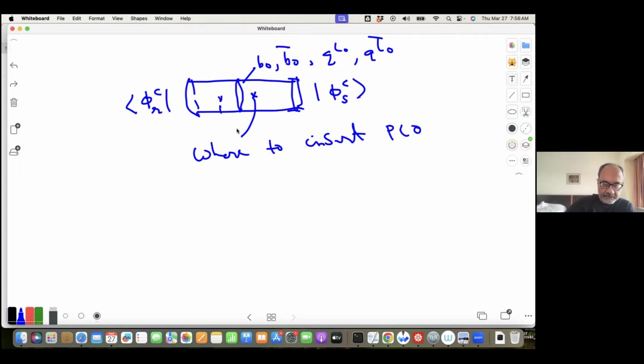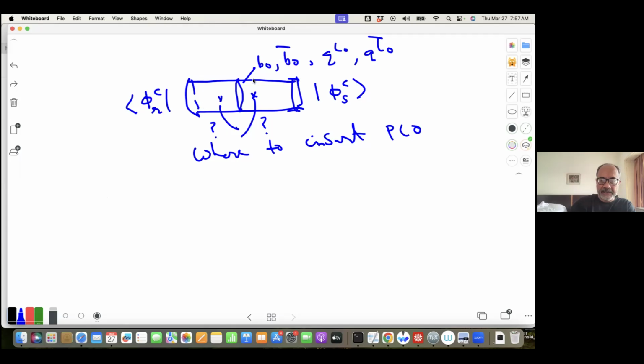Here or there. Or it could be between the two contours, the B0 and B0 bar contours. L0 actually doesn't matter because these are dimension 0. Chi is a dimension 0 primary, so it commutes with L0 and L0 bar, but it doesn't commute with B0 and B0 bar.